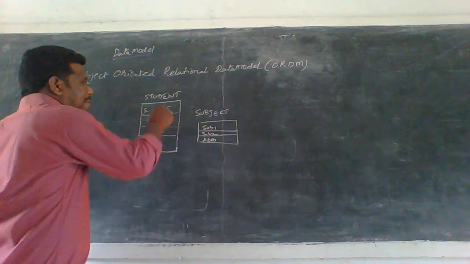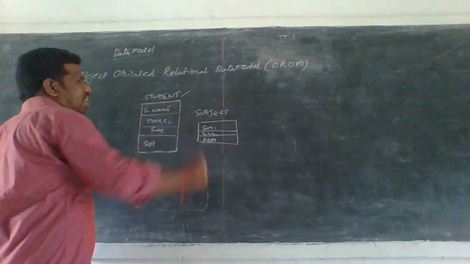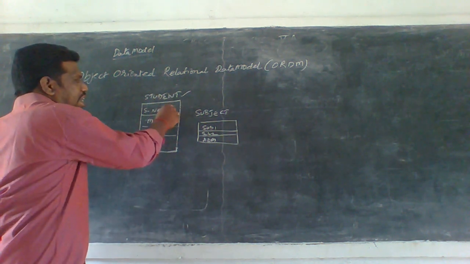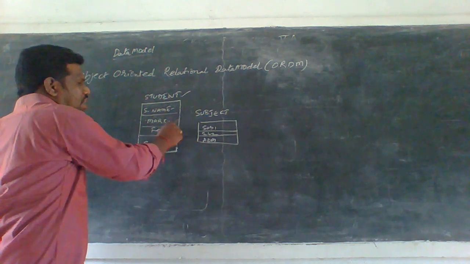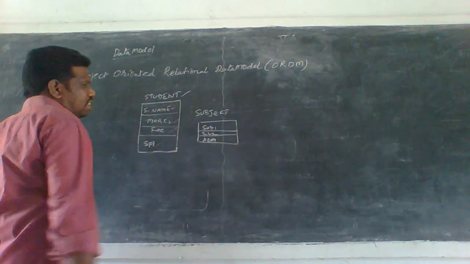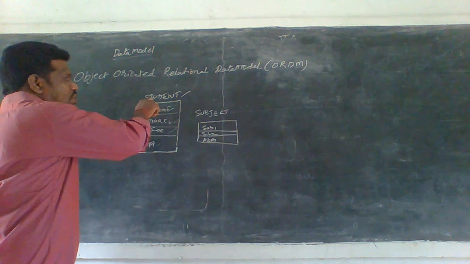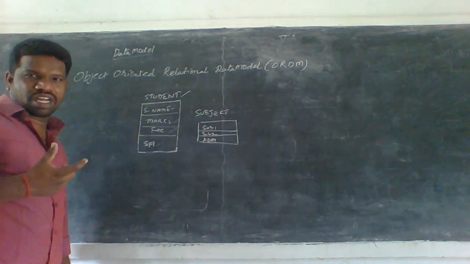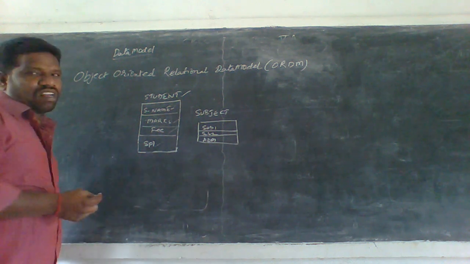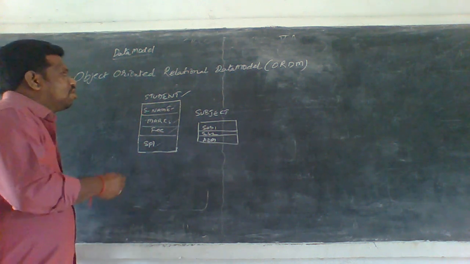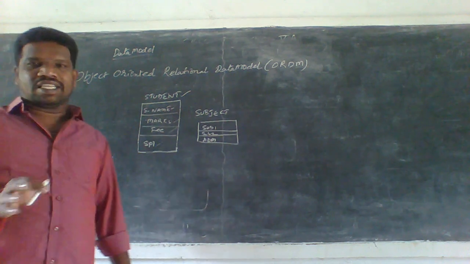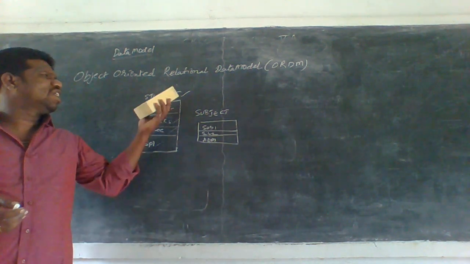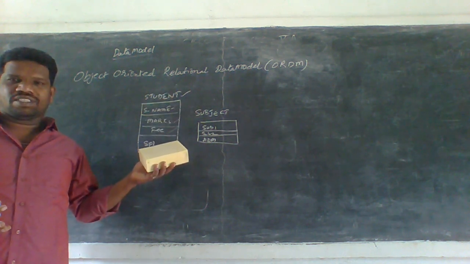So here student is a logical structure. Student is a class here, and name is also a class, marks is also a class, fee is also a class, specialization is also a class. But the student is a logical execution, while marks and fees are available. Student is a logical existence, like a class. There is no student in the universe.